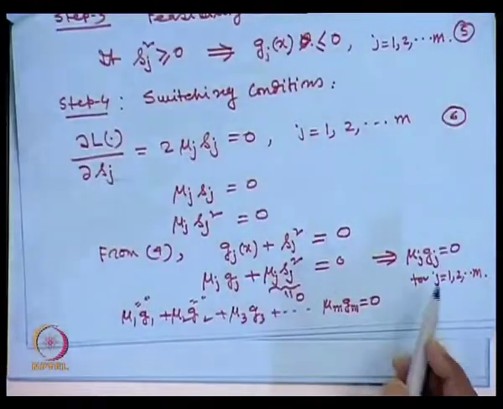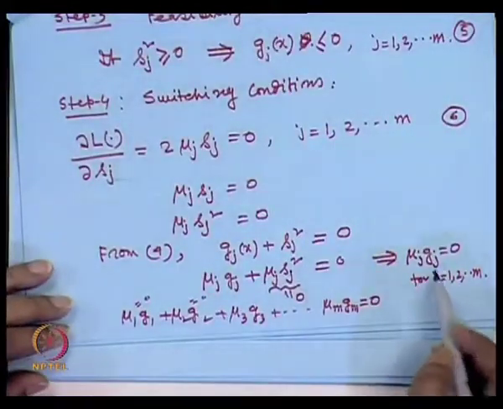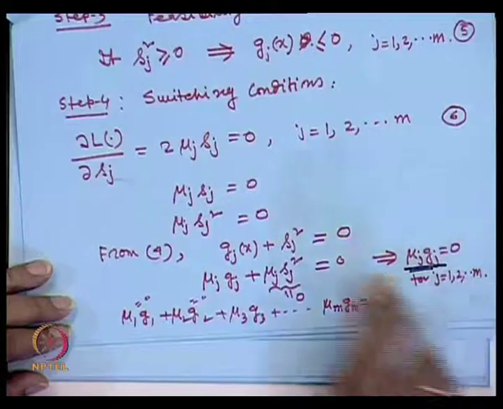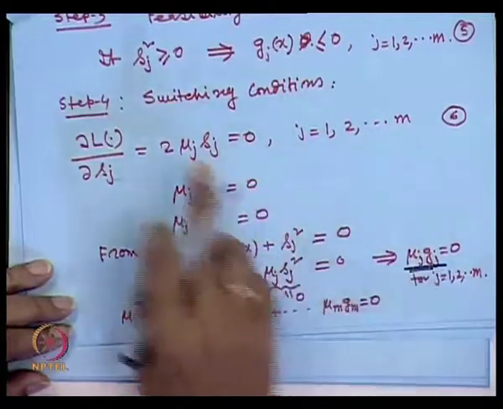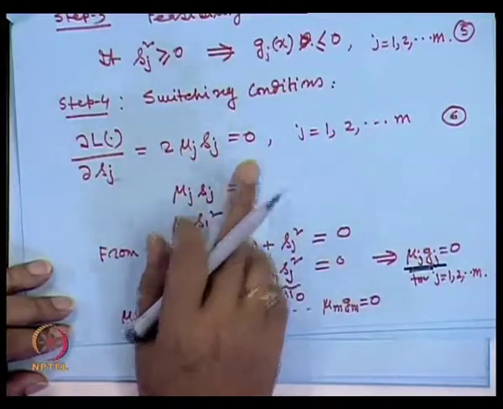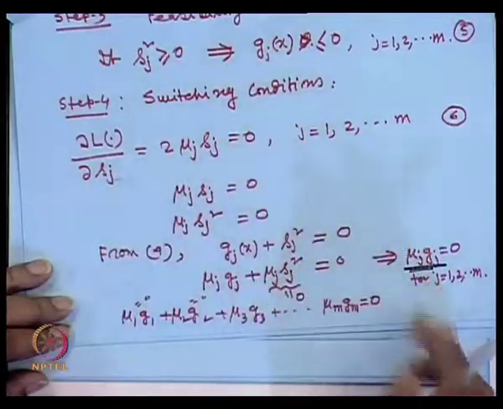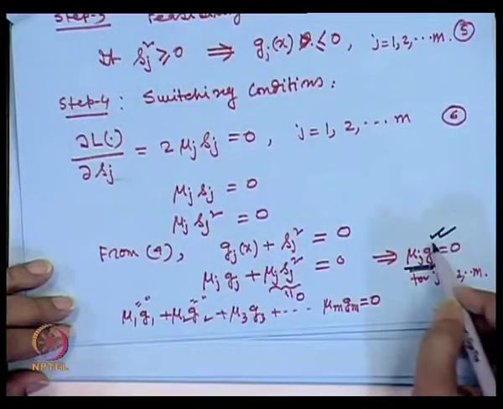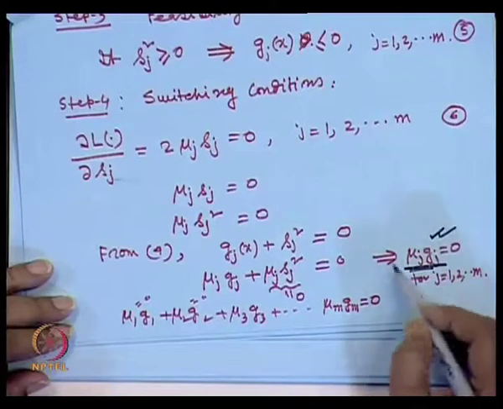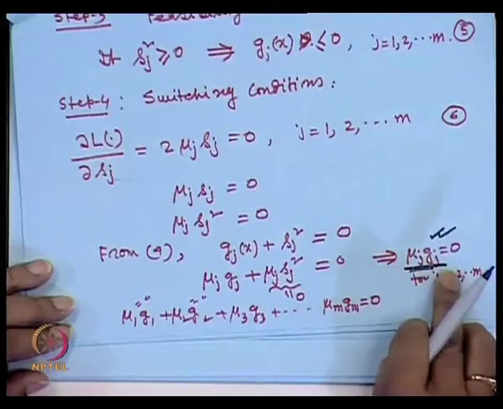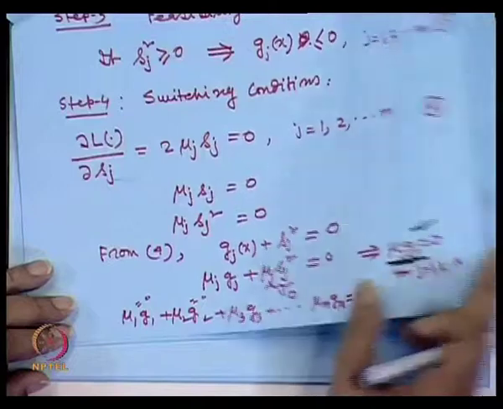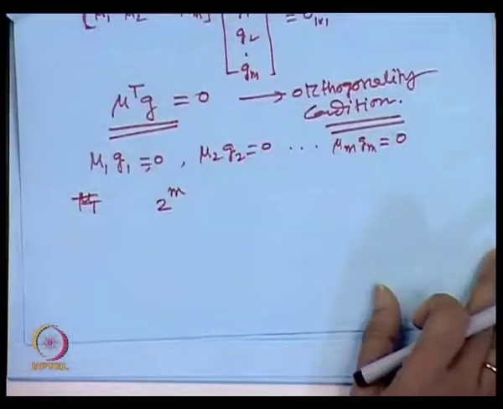Then when you differentiate the Lagrangian function with respect to mu and with respect to the s variables, and assign these to 0, it ultimately boils down to a single condition.